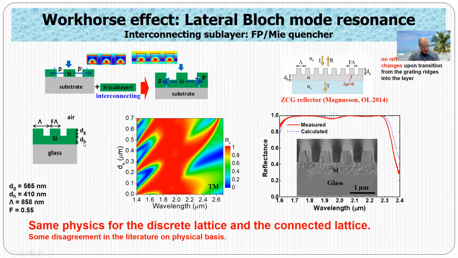At DH equals 0, implying the disconnected lattice, we have a wide band there. As we increase this thickness, these wide band patches still appear, even the widest one is maybe here, 400 nanometers. So one sees that there's a continuity in physical behavior between the discrete and the connected lattice.